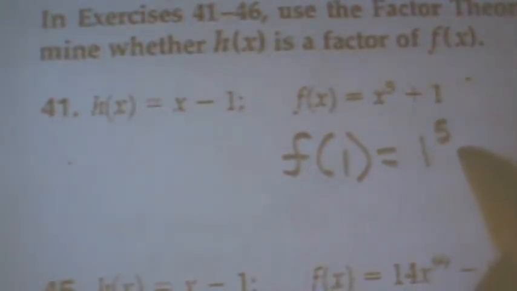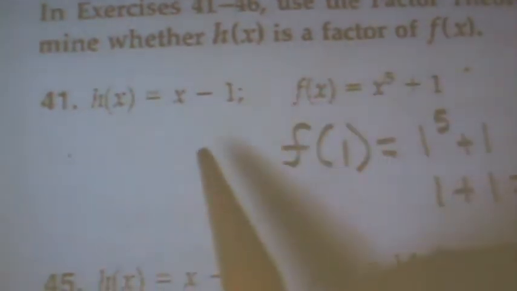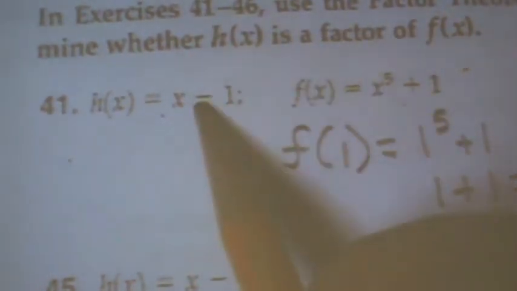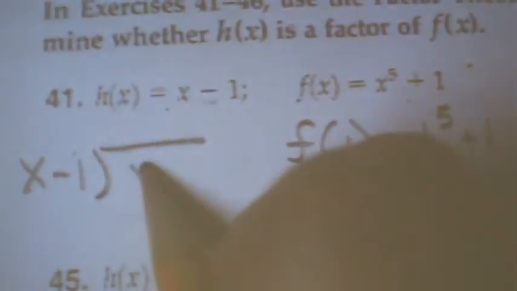Well, what's 1 to the 5th power? What's 1 plus 1? So my question is, is this a factor of this? Will x minus 1 go into x to the 5th plus 1 evenly? No, it will not. There will be a little baby 2 as a remainder.